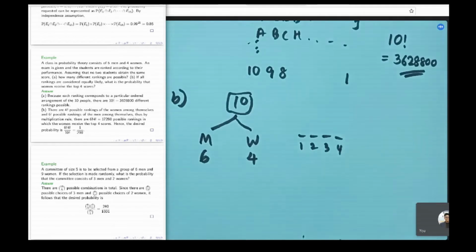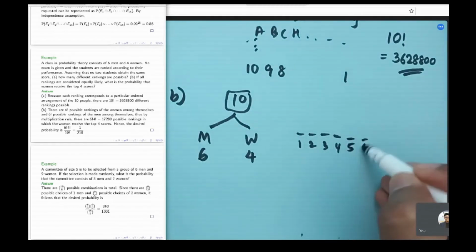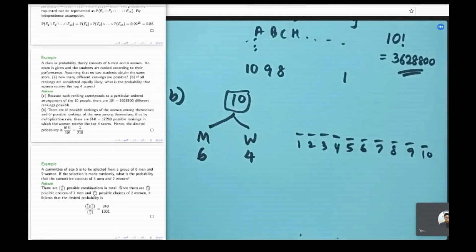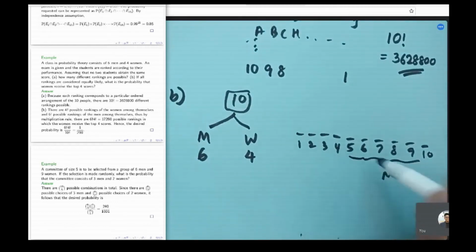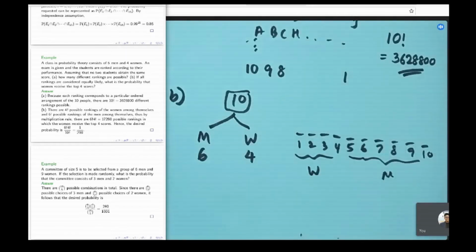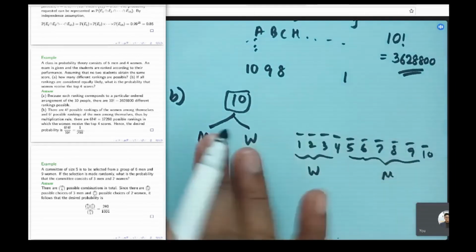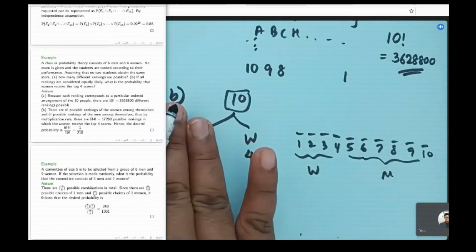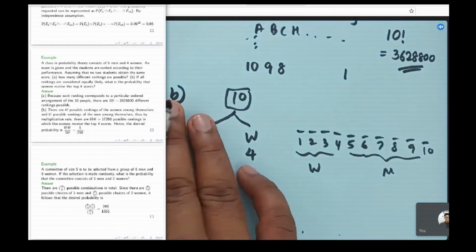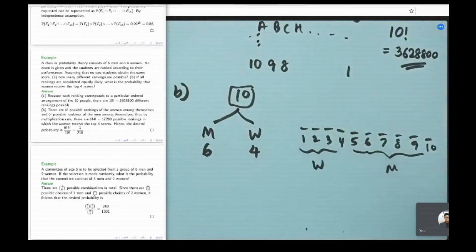All the other positions, that is 5, 6, 7, 8, 9, and 10, should be filled by men. These positions should be filled by women. Of course, we have only 4 women here, so we are going to fill 4 possible positions. Imagine, forget about the existence of men here. We have 4 women, and we have the first 4 places.